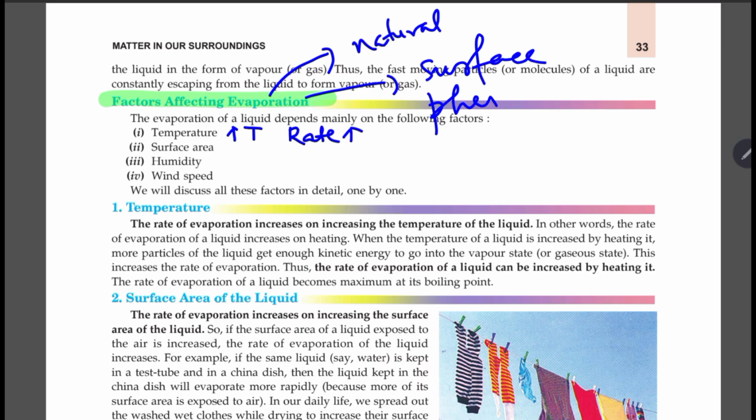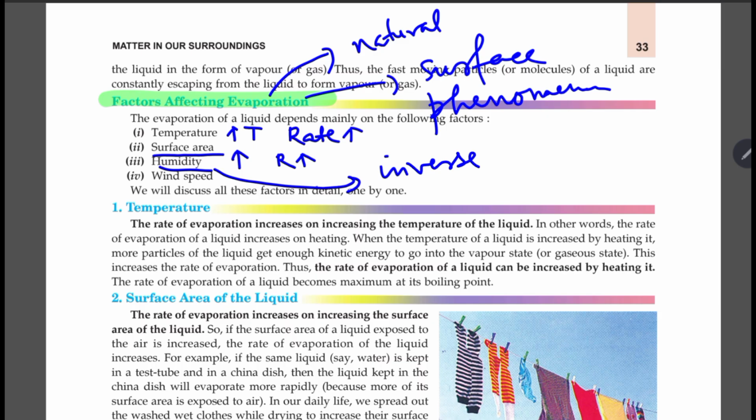Okay, so boiling is a bulk phenomena and evaporation is a surface phenomena. If the surface area is greater, the rate of evaporation also increases. Humidity has inverse relation with evaporation. If the air outside is already humid, now it cannot keep more of the water particles.